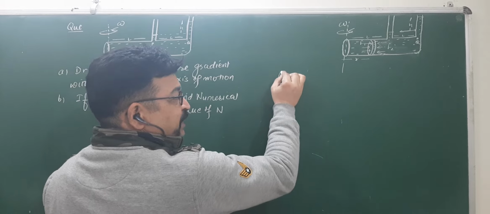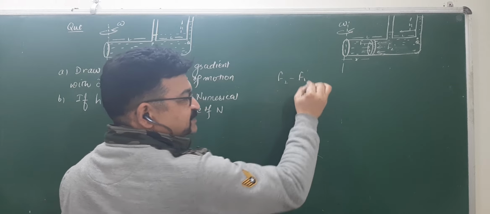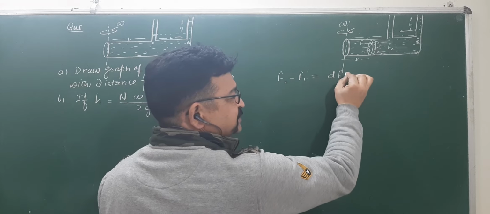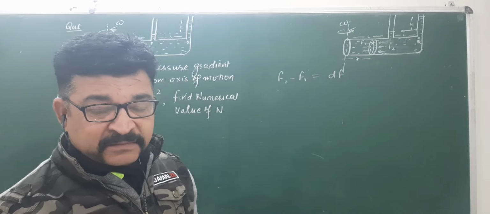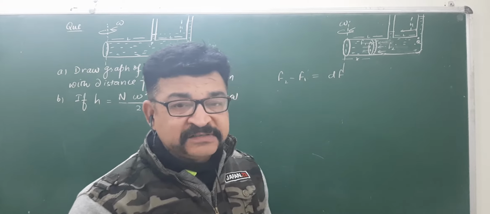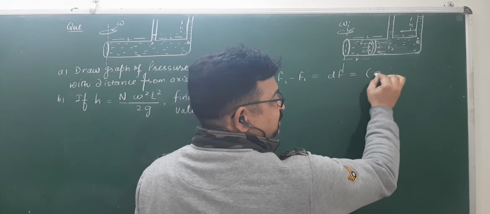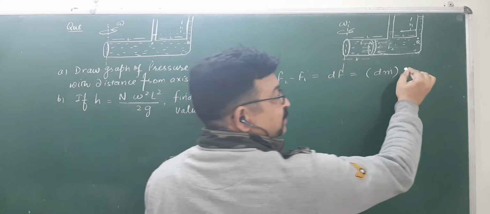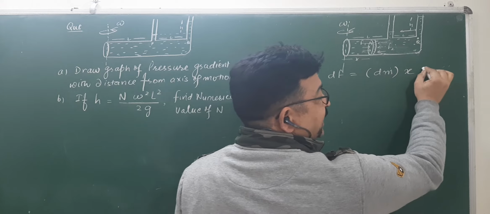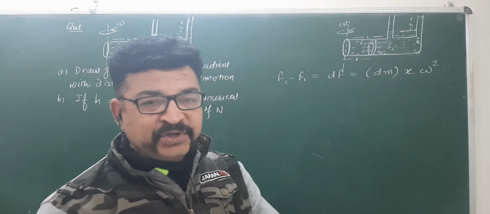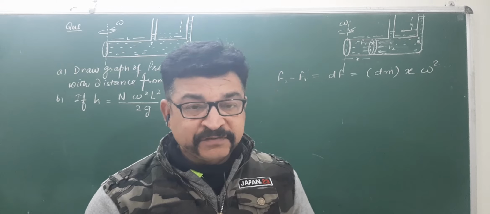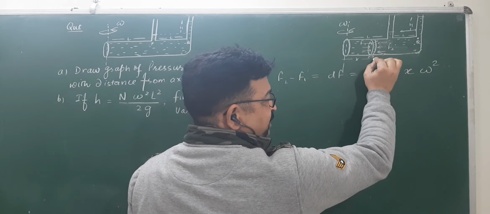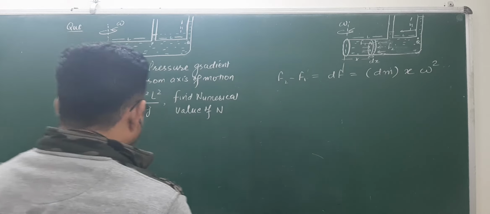So F2 minus F1 is a small difference of forces. Because of this rotation, it is the net centripetal force, m r omega square. Here m is the small mass we are taking, at a small distance dx.